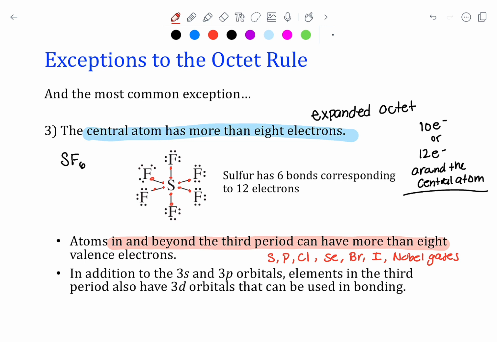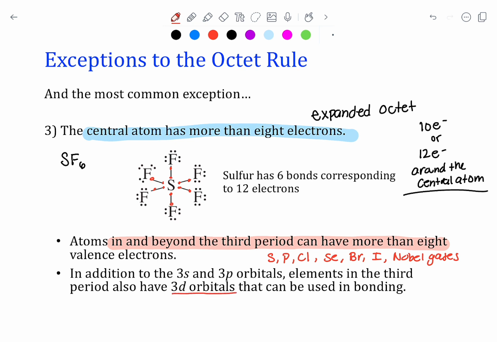And this is because everything from period 3 down has access to a 3d orbital that they can utilize to accommodate these extra electrons. So in row 2, what we were talking about before with the nucleus being so small, not having a lot of protons, well, as we get a larger and larger nucleus with more and more protons, we can accommodate more electrons, and we accommodate them in the d orbitals.